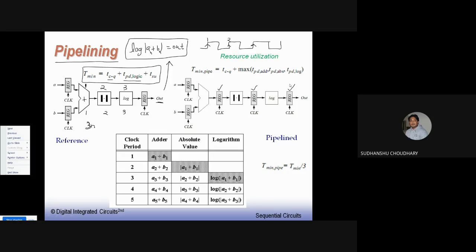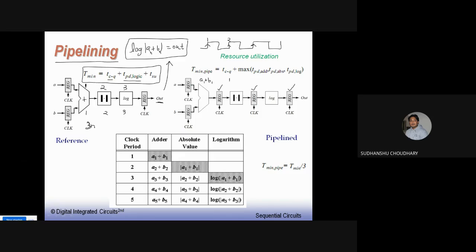How is it high speed? Let us try to understand. Let us say that in the first clock cycle, A1 plus B1 is performed. Now in the second clock cycle, this A1 plus B1 will be shifted to the modulus block, the modulus combinational logic block.